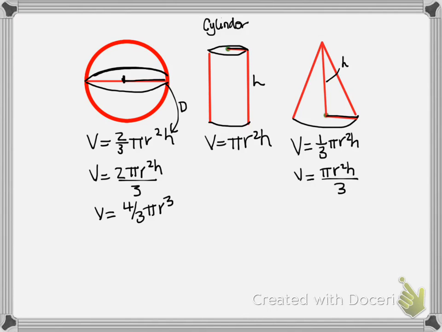If we take our formula, 2/3 pi r squared, and instead of height we put twice the radius and put that all together, we see that it becomes 4/3, because 2 times 2 is 4, pi, and then we have r squared and r, which makes r cubed. So that's where the h goes. That's why you can use both of these formulas.